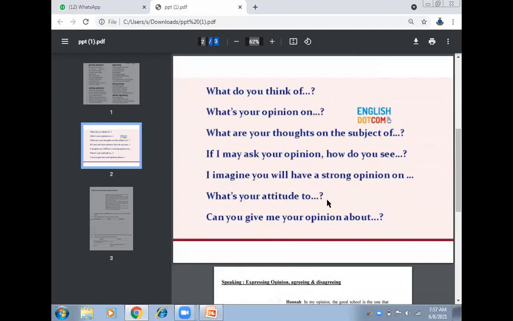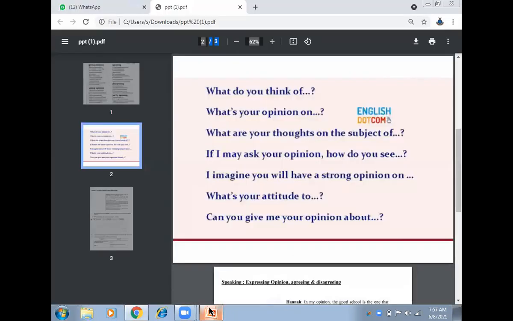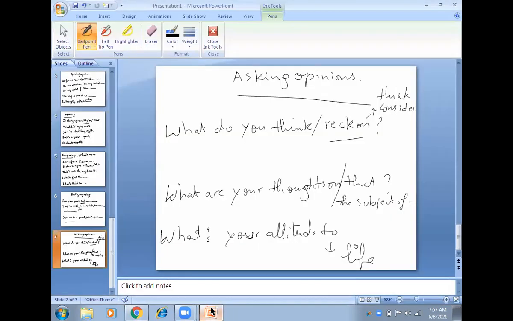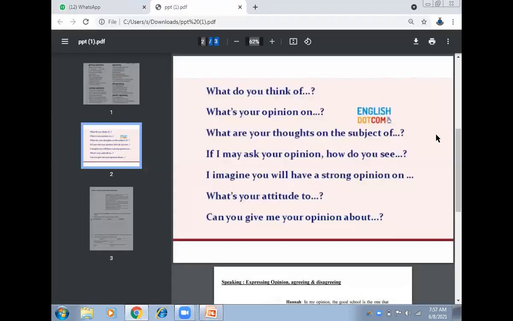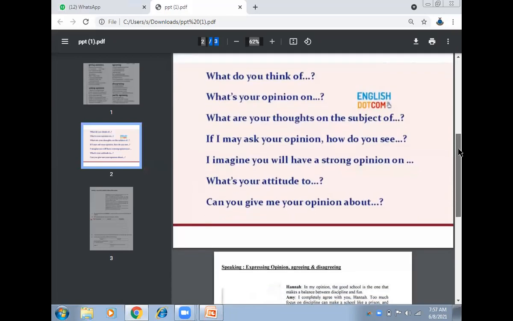What's your attitude to? Can you give me your opinion about? I have given here the most common ones that we use, and these are also very important. These are only examples, and there are more expressions to use or more questions to ask. Clear?